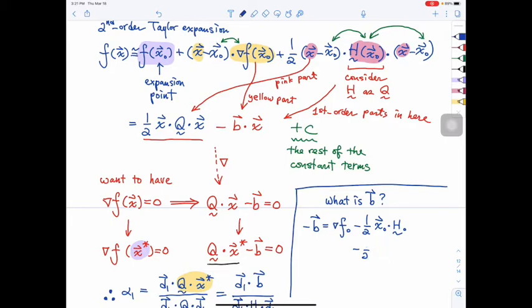So actually, just minus Hessian 0 dot x0. Okay, so the b vector came from our second order Taylor expansion. If you really want to know, b can be derived from there. But we don't need it right now. That's okay.